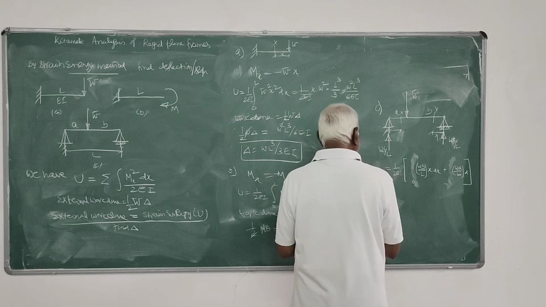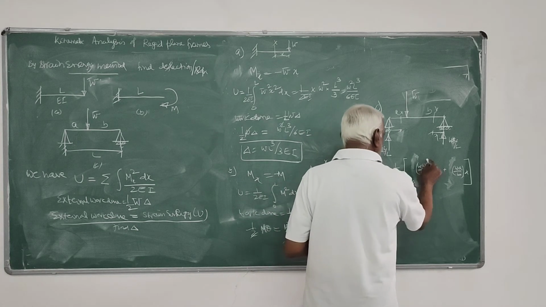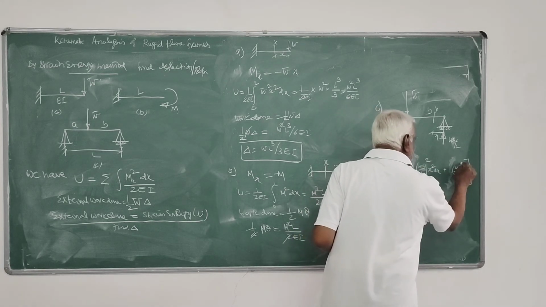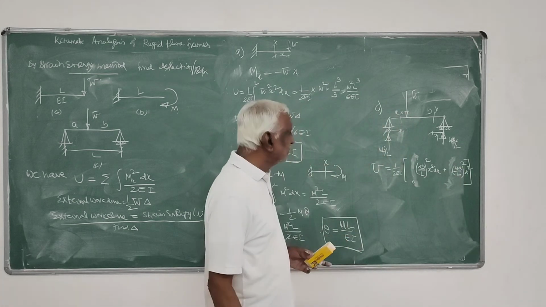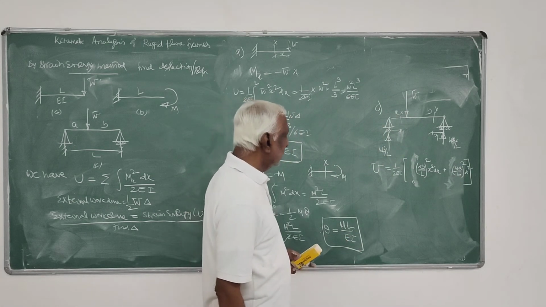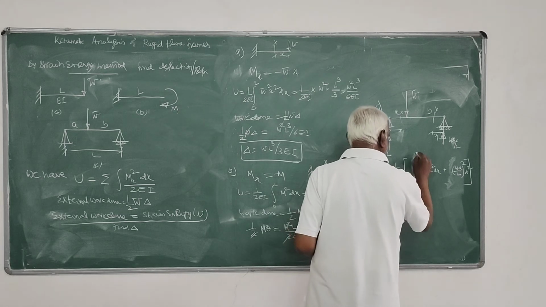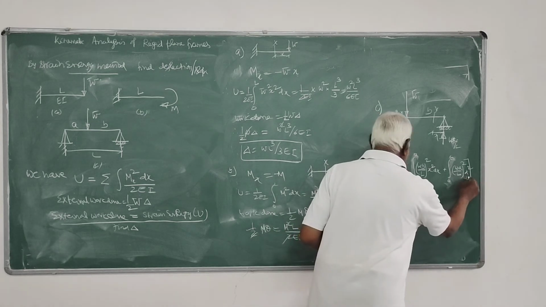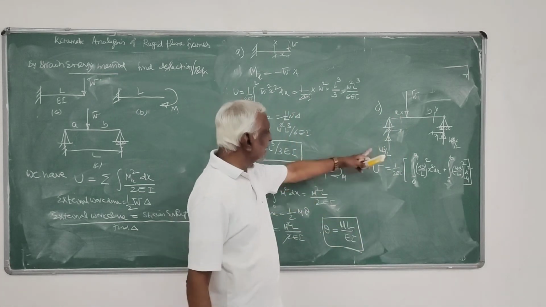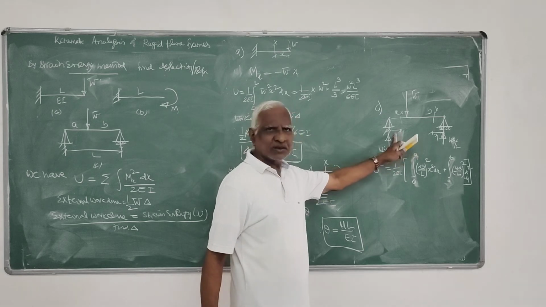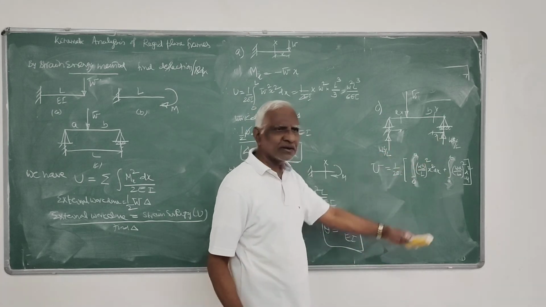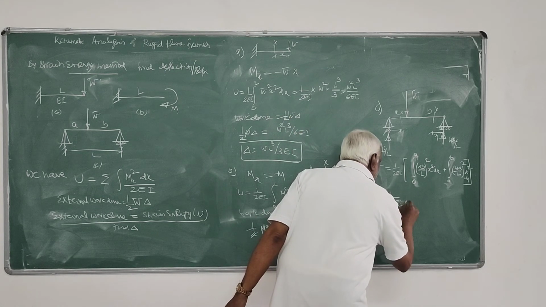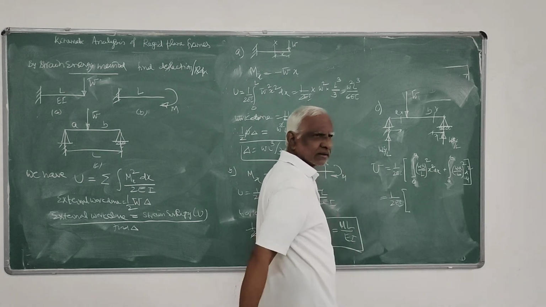So U is equal to this Mx square: W B by L whole square into x square, integrated from 0 to A, plus the second integral from 0 to B with dx. If you do this, 1 over 2EI, this is x cube by 3.